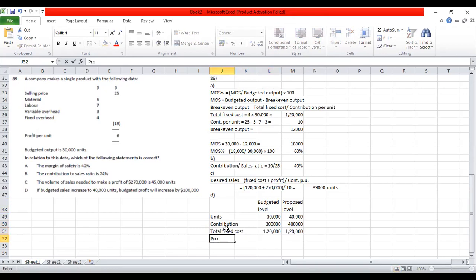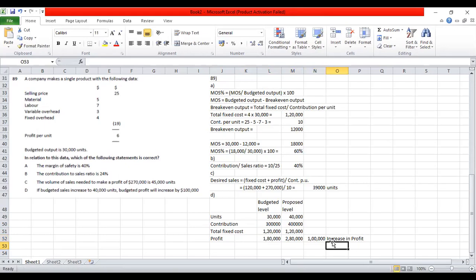So what is profit? The increase in profit is 100,000 only. Earlier it was 180,000, now it is 280,000. So the increase in profit is 100,000, so option D is correct.